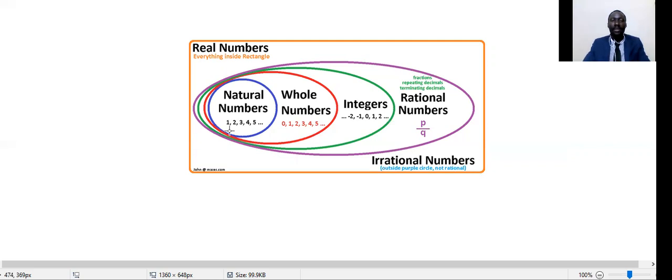Integers are very different from natural numbers, though some of the numbers known as integers are also natural numbers. So that statement is not true.